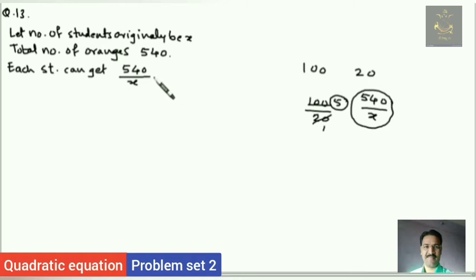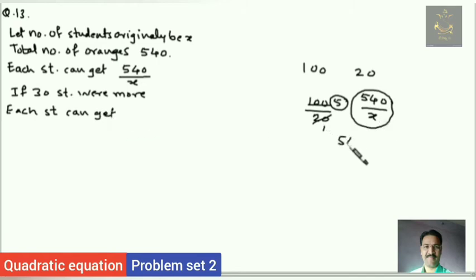But now if 30 students were more, what will we get here? If 30 students were more, then what can we write now? Then each student can get how many oranges now?